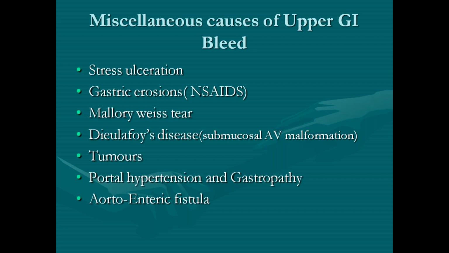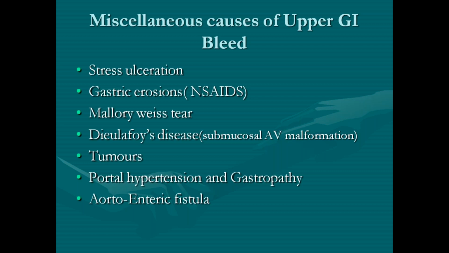If it is not feasible, then you will open it and do a local excision. This is about Dieulafoy disease. It is nothing but a gastric submucosal AV malformation, which has a normal look on endoscopy, and even on bleeding you could not make out the lesion.